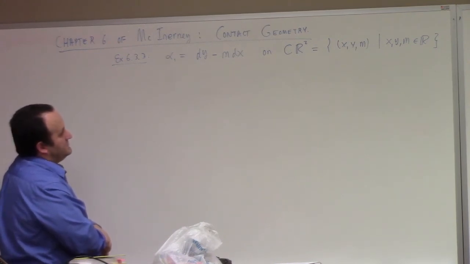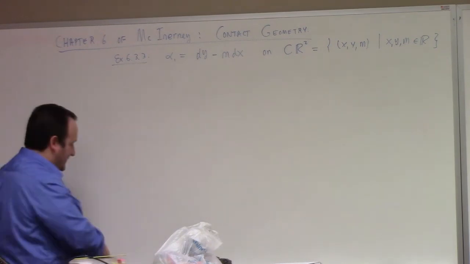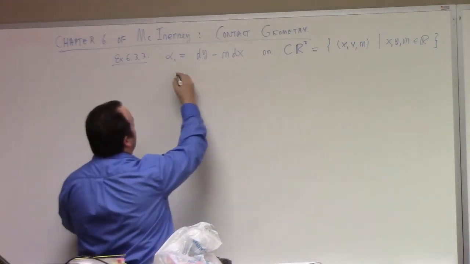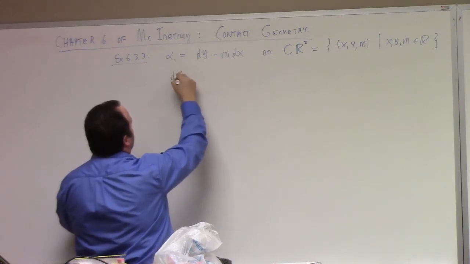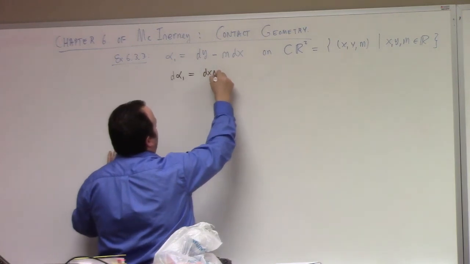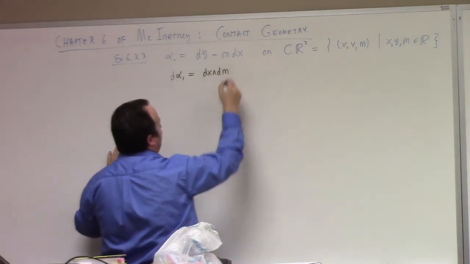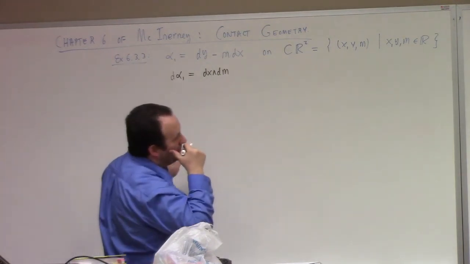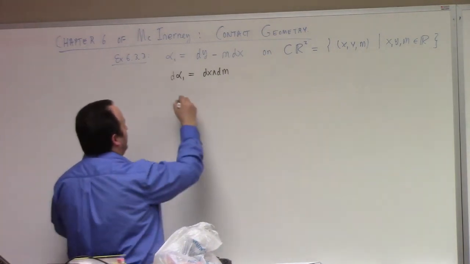All right. Okay, so is this a contact form? Well, what's d alpha? Yeah. Oh, thanks. You got rid of the minus for me. I appreciate that. And then what do we do? Alpha 1, right?